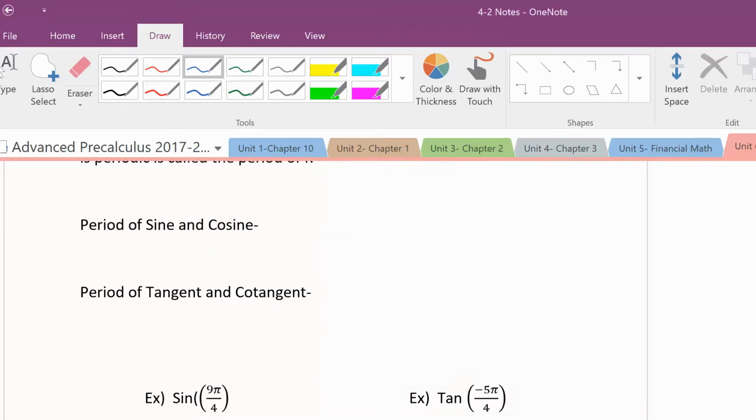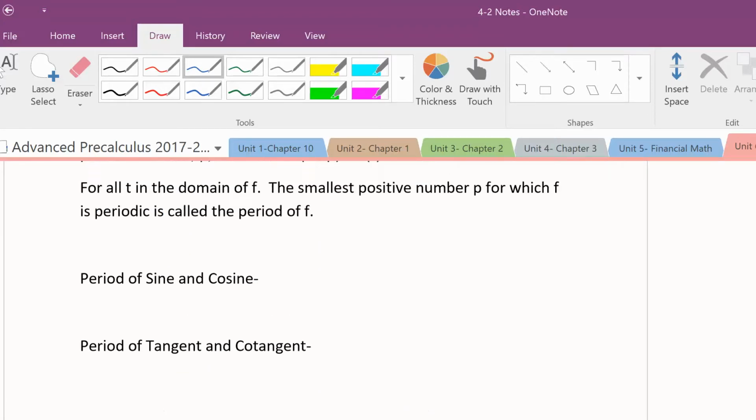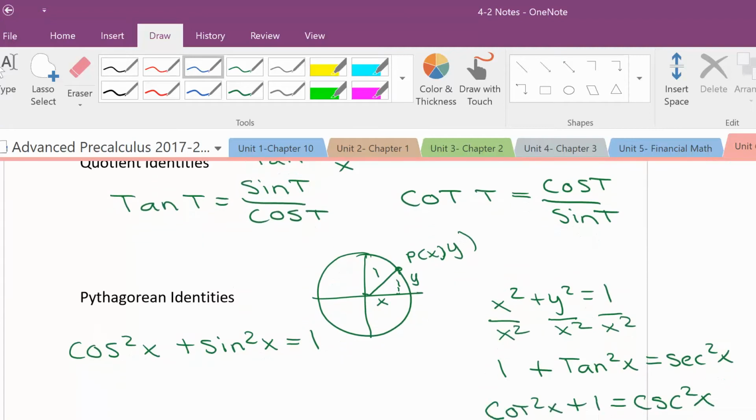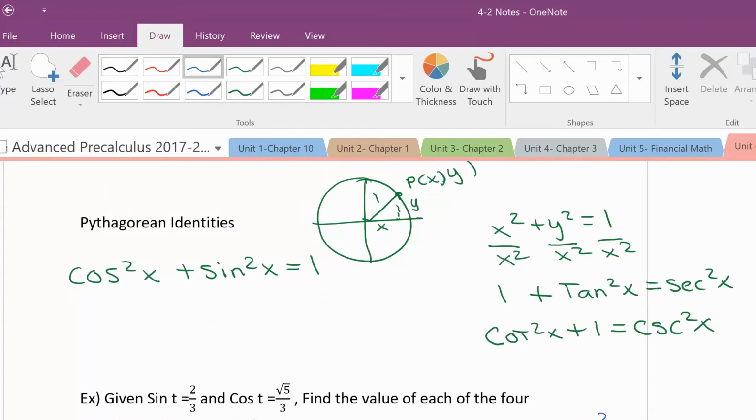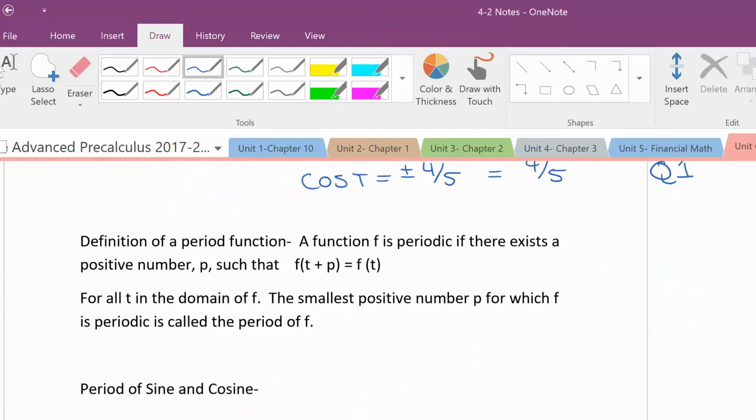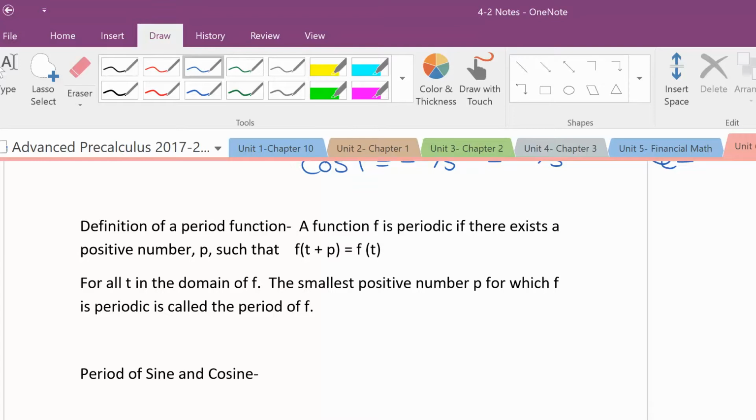A periodic function is one where, when you add a number to a value, it gives you the same thing. It just keeps repeating itself after a certain amount of time. Both sine and cosine are periodic because the period is 2 pi.